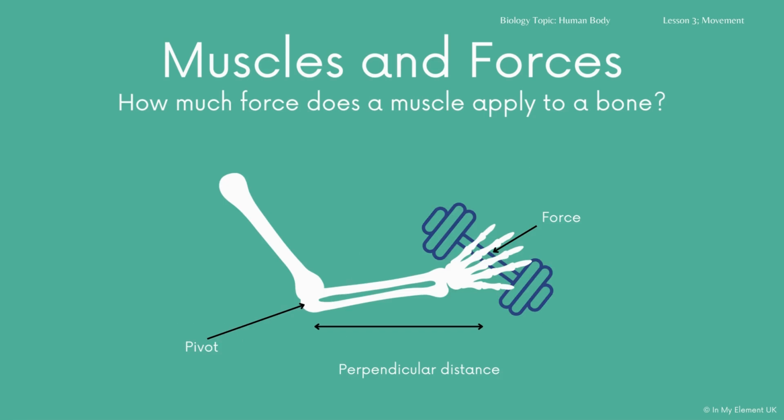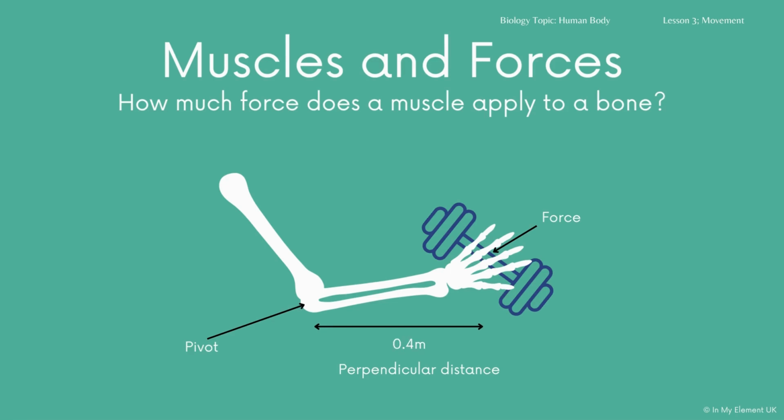So if we look at a diagram here, you've got the pivot highlighted, you can see the perpendicular distance, and you can also see the force. And there we've got the weight, which will have a force of so many newtons.